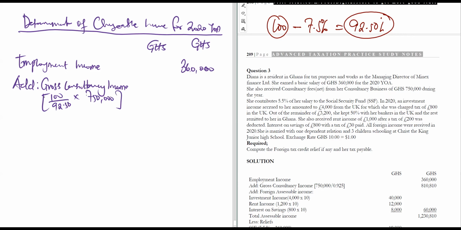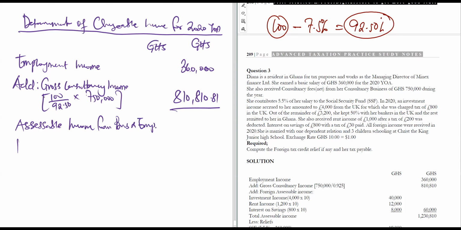So what do we get then? 100 out of 92.5 times 750,000 gives 810,810.81. Okay, so this becomes assessable income from business and employment, right?